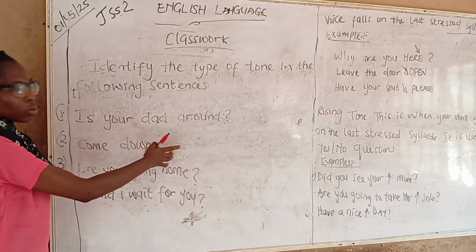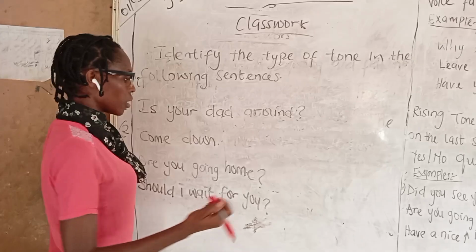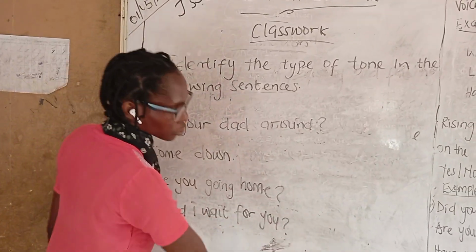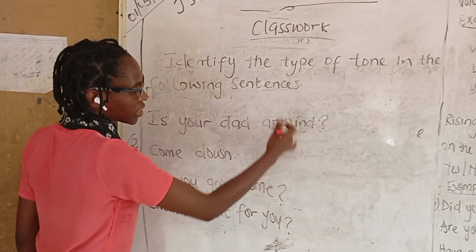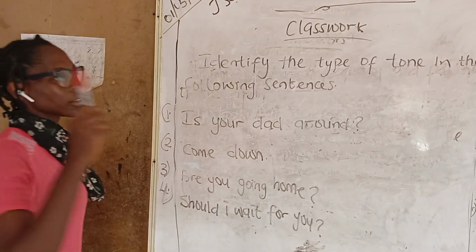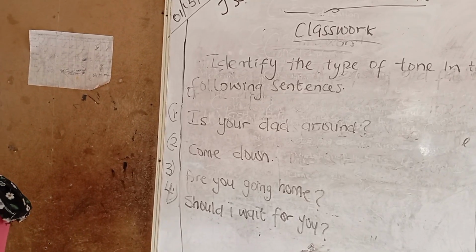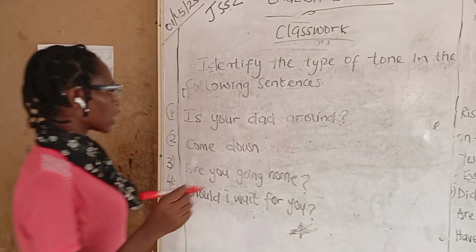Is it a rising tone or a falling tone? The next one is, "Are you going home?" Then we have, "Should I wait for you?" So identify whether you have the falling tone or the rising tone. Just write it in front of each of the questions. And I'll be giving you an assignment now, so you can take it back home.